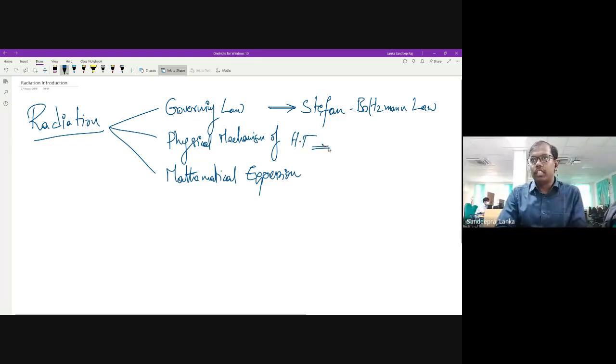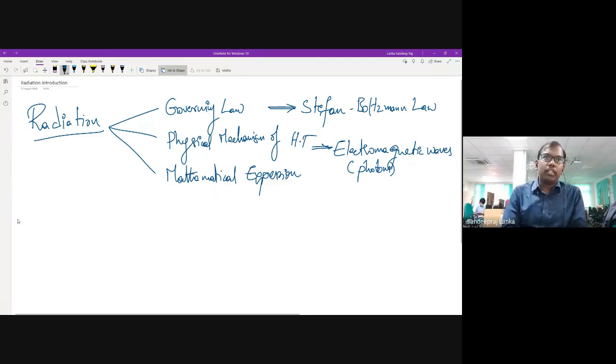And what is the physical mechanism of heat transfer? It is electromagnetic waves, which are also called photons. Through this physical mechanism heat transfer happens.